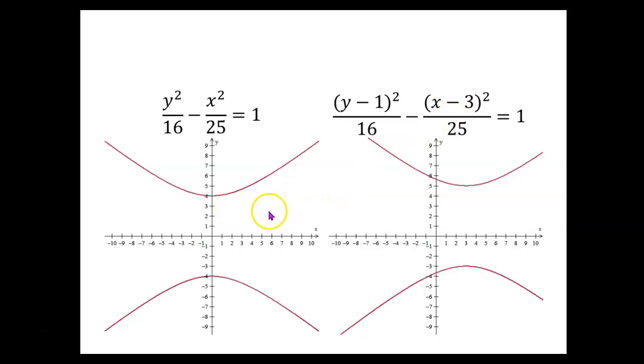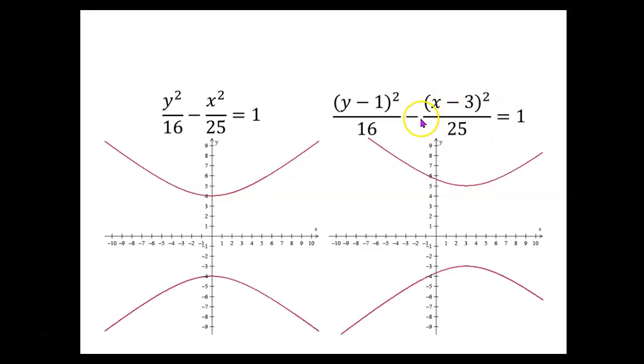So all the points have been shifted 3 spaces right and 1 space up. The point that used to be at 0, 4 is now over at 3, 5, for example. And the point 0, 0 that used to be right in the center of this hyperbola, now the point that's right in the center of the hyperbola is at 3, 1.